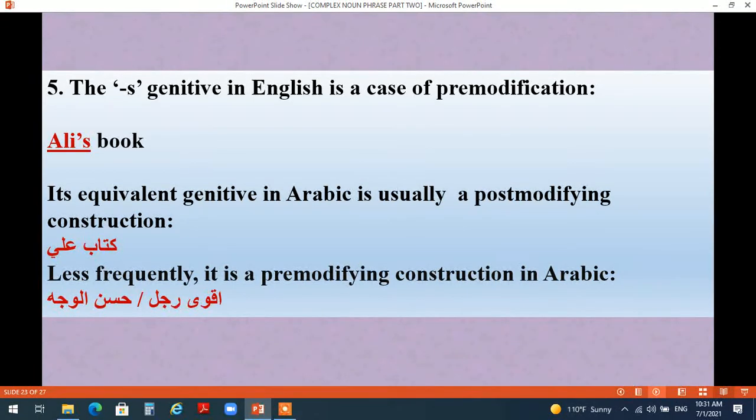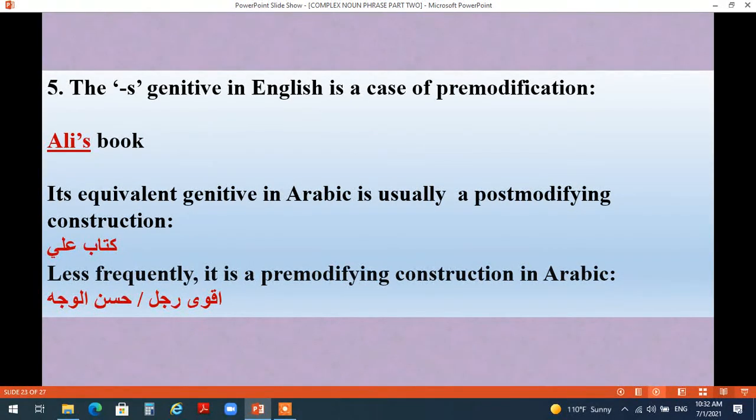Less frequently it is a pre-modified construction in Arabic. إذا الاستخدام الشائع للمضاف والمضاف إليه باللغة العربية هو يستخدم as a post-modification. لكن هنالك حالات قليلة جدا حين تسبق الصفة الاسم، فبهالحالة will be used as a pre-modifier.